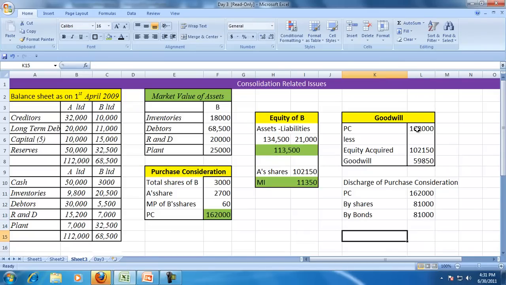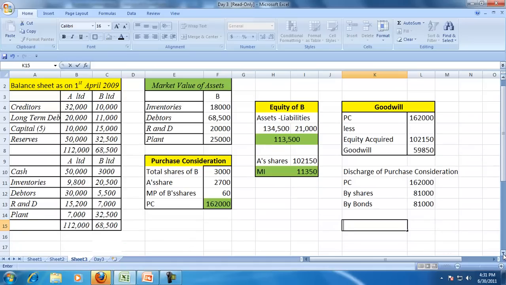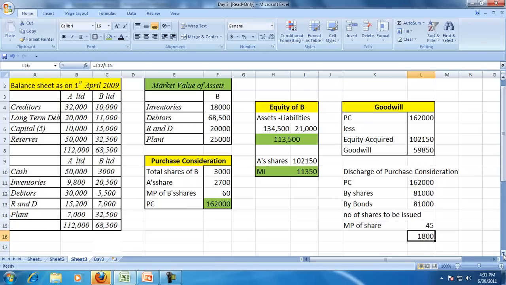Now the number of shares to be issued: the market price of shares of A is 45, so the number of shares to be issued is 1,800.